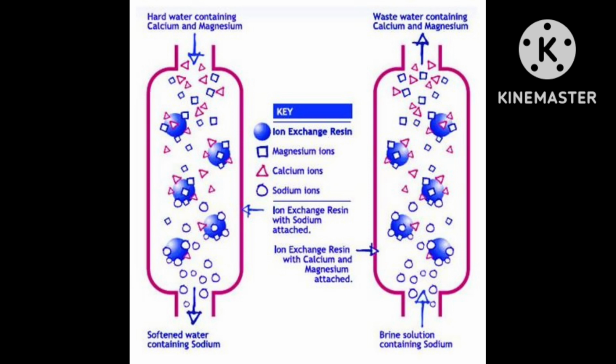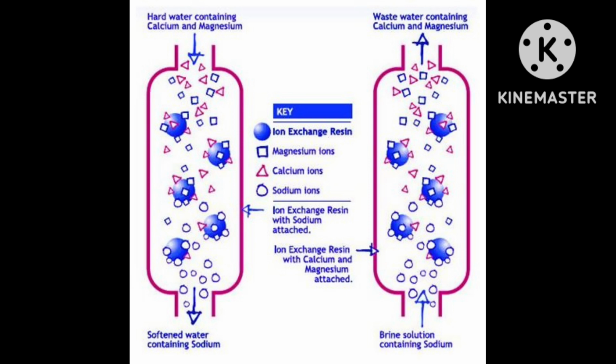An example I have already given you, MCl2 plus Na2CO3. It gives MCO3 plus 2NaCl, where M is equal to magnesium and calcium. Other, M sulfate plus Na2CO3.